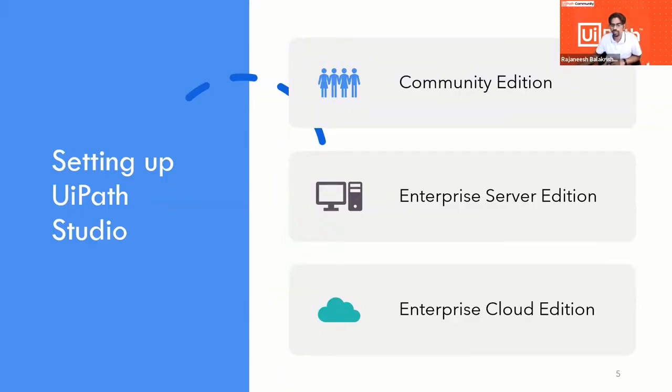You can have one attended and one unattended robot, and with that you have complete access to the studio and all its features. Mainly for learning purposes, this is really helpful. And that is all about the community edition.